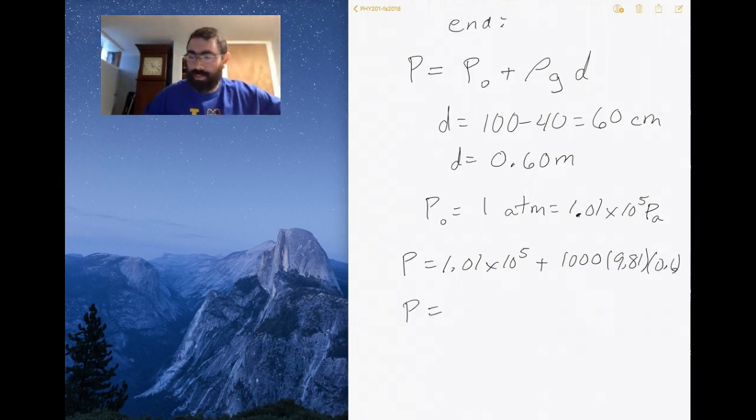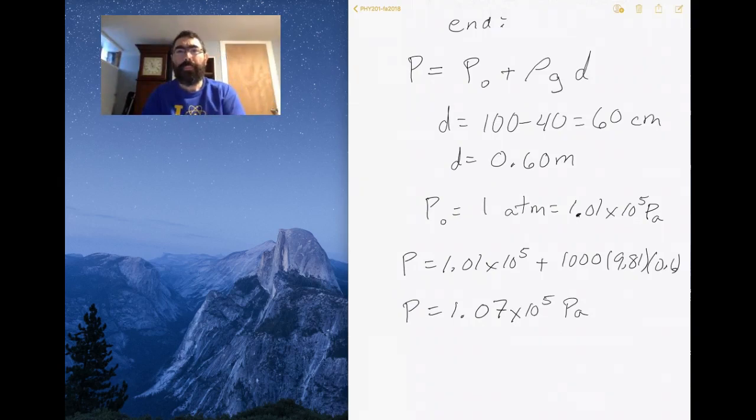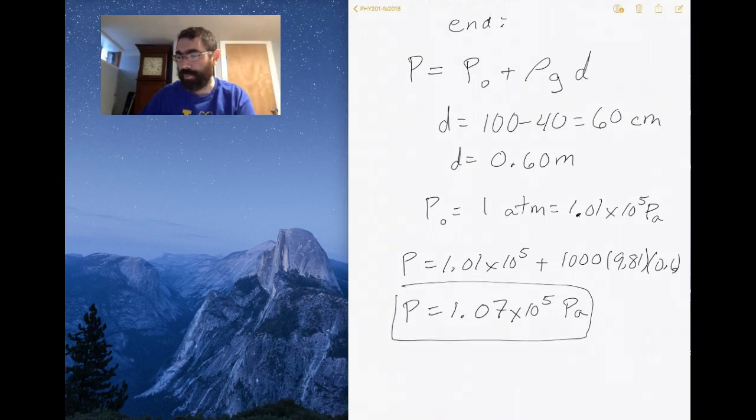And when you put all of that into your calculator, you should get 1.07 times 10 to the 5th pascals. So the majority of the pressure is due to the atmosphere pushing down on the top of the open container, but the fluid does respond with a little bit of pressure of basically 0.06 times 10 to the 5th pascals. So that's how much pressure there is.